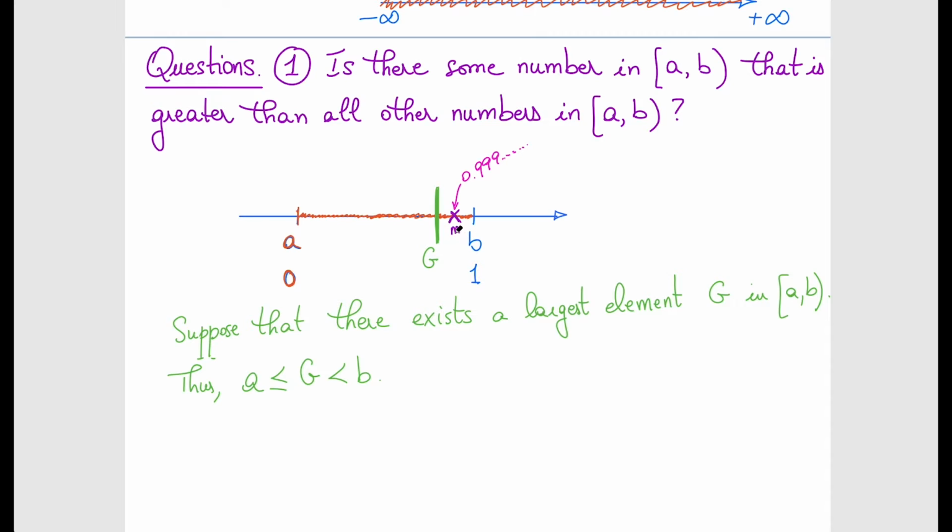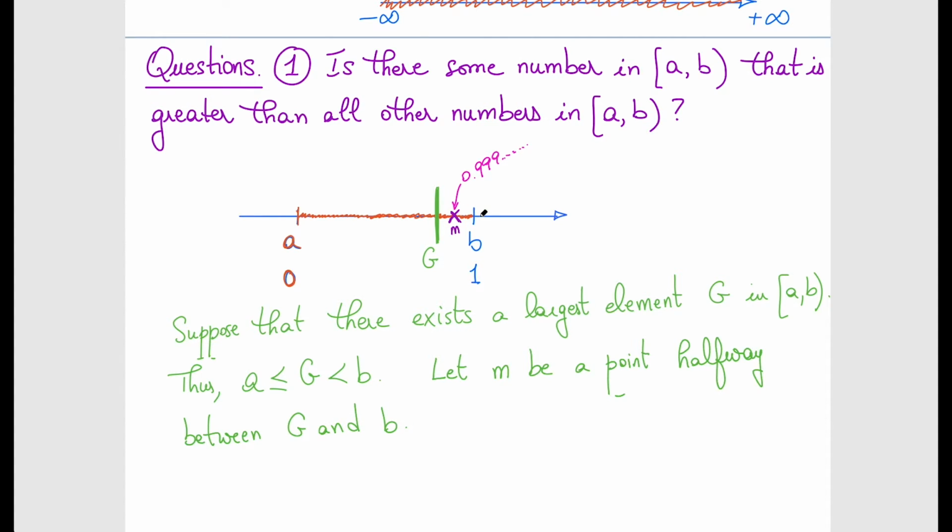It's B plus G over 2. Let's call it M. So then, let M be a point halfway between G and B. Correct?